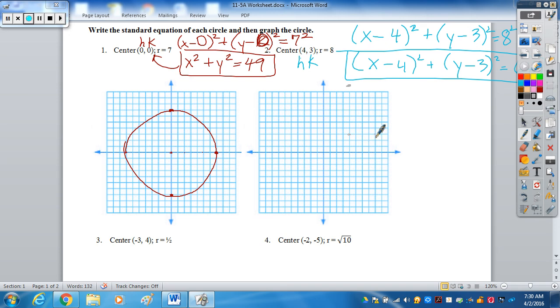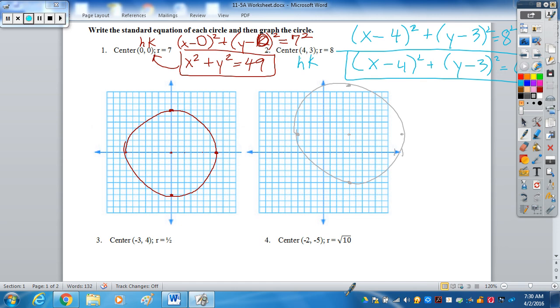Count 8 in each direction. Something to that effect would be good enough for me. I can see the 4 points. I can see your center. Again, if you have that compass, that would be ideal.